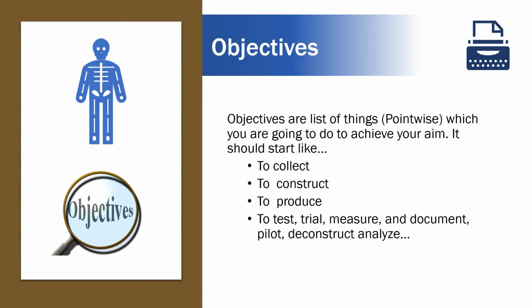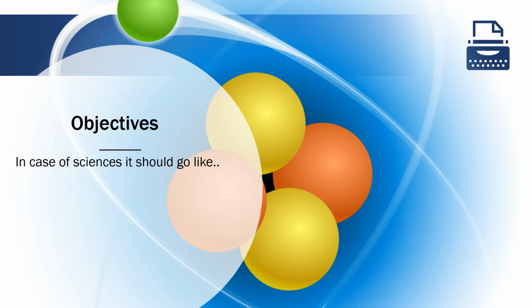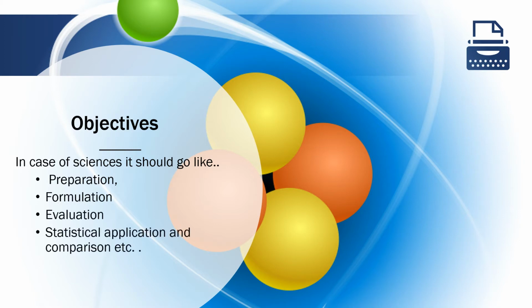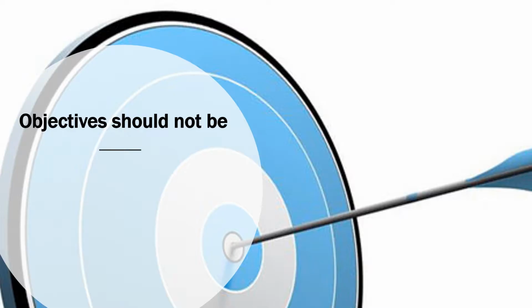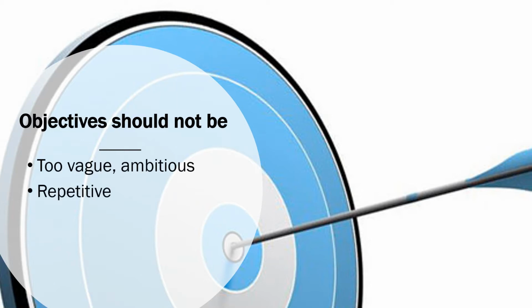In the sciences, we write objectives like prepare, formulation, then evaluation, statistical application, then comparison, and then finalizing the thing as per the need of the subject. The objective should not be too vague or ambiguous, should not be repetitive, and should not be lengthy and messy. So this is how you are going to write the objectives of your synopsis.